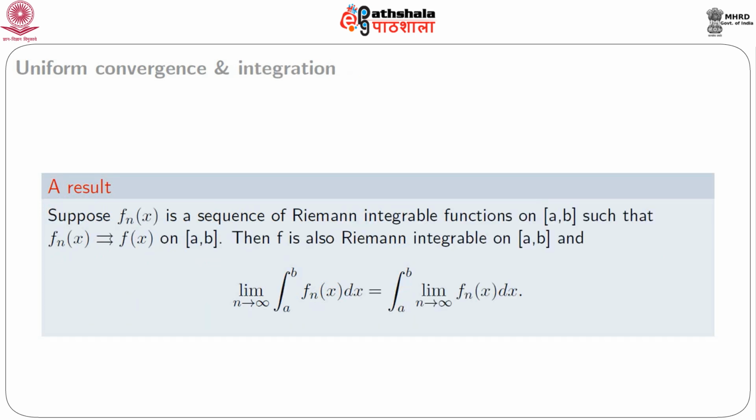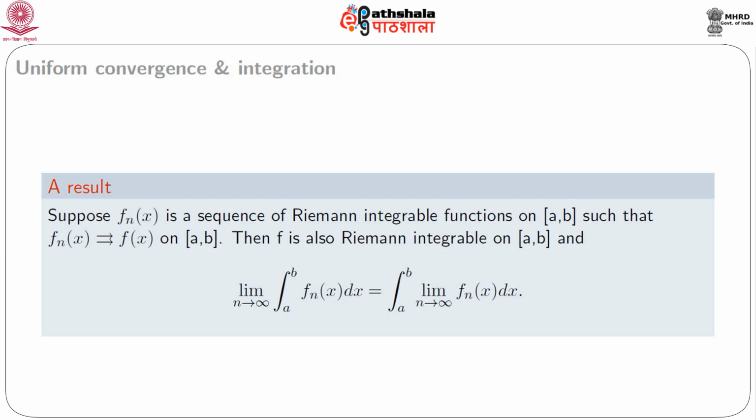Lastly, we discuss the exchangeability of integration and limit. Suppose fn(x) is a sequence of Riemann integrable functions on the closed interval [a, b], such that fn(x) converges uniformly to f(x) on [a, b]. Then f, the limit function, is also Riemann integrable on [a, b], and the limit of the integral over the range a to b of fn(x) dx is the same as the integral over a to b of the limit function, that is, limit n tends to infinity of fn(x) dx.